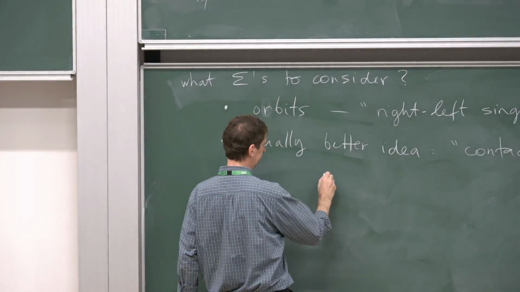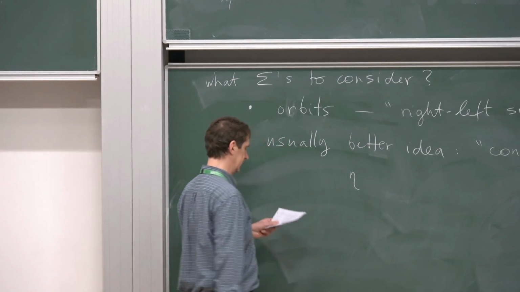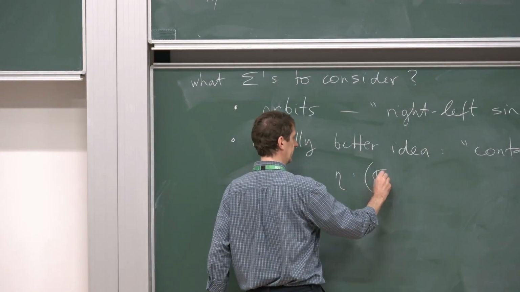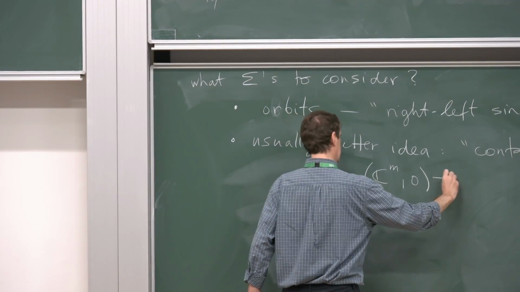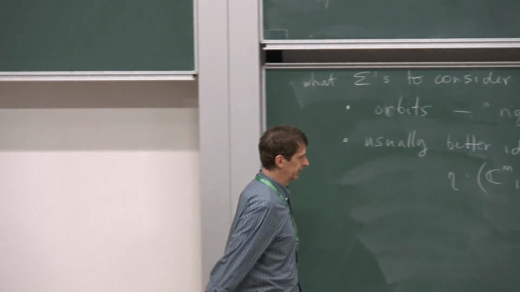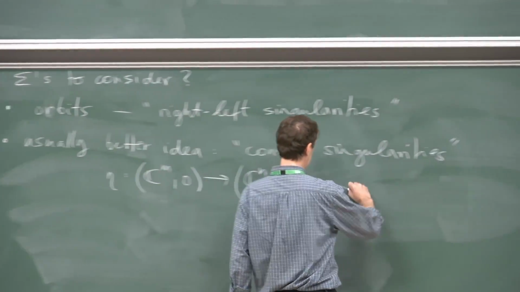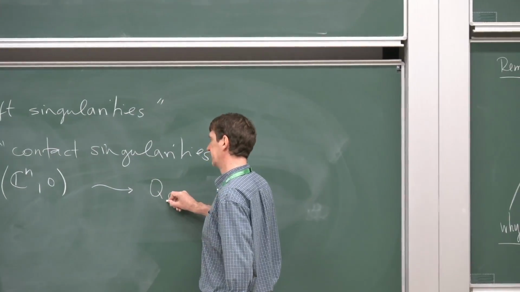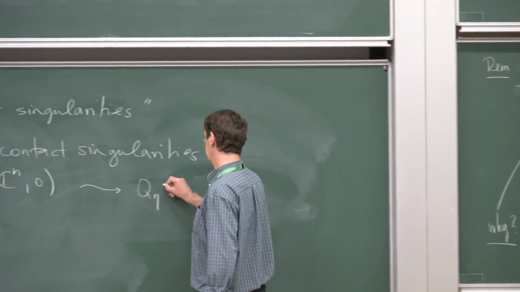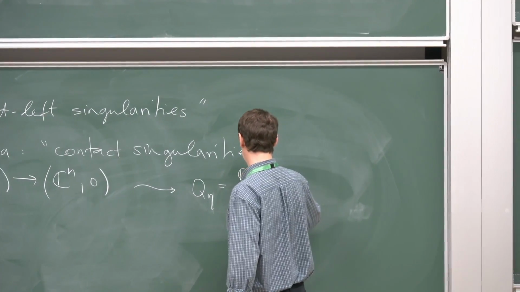Meaning this: suppose you have, I start to use this eta notation, suppose you have a germ from Cm to Cn. Associated to that, I'm going to define an algebra, just this local algebra, really nothing else.